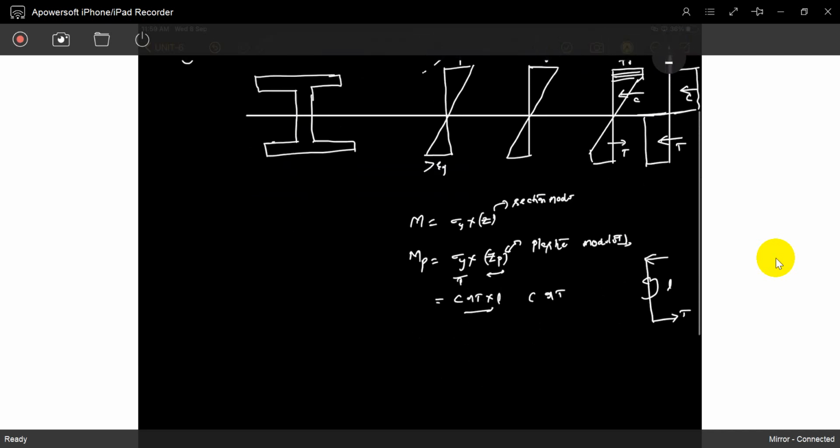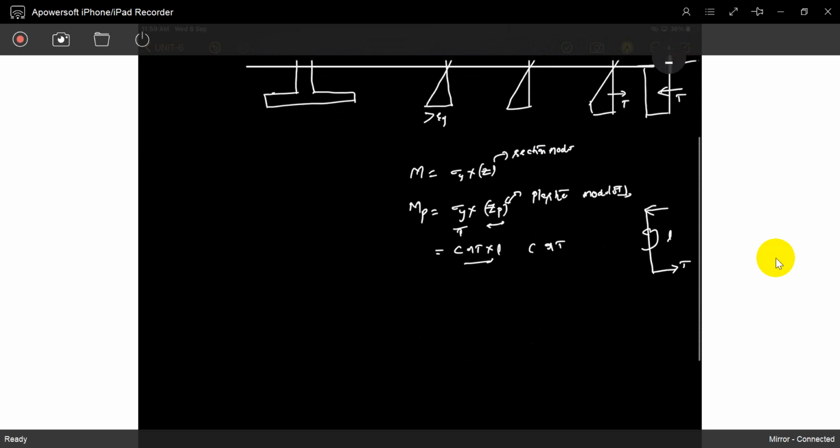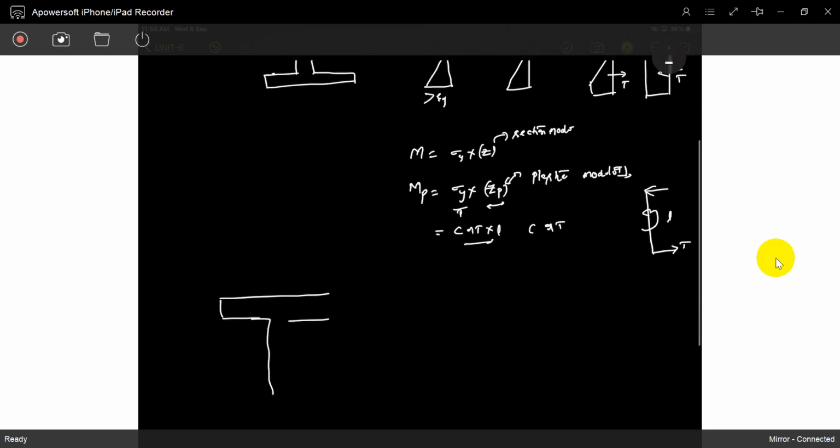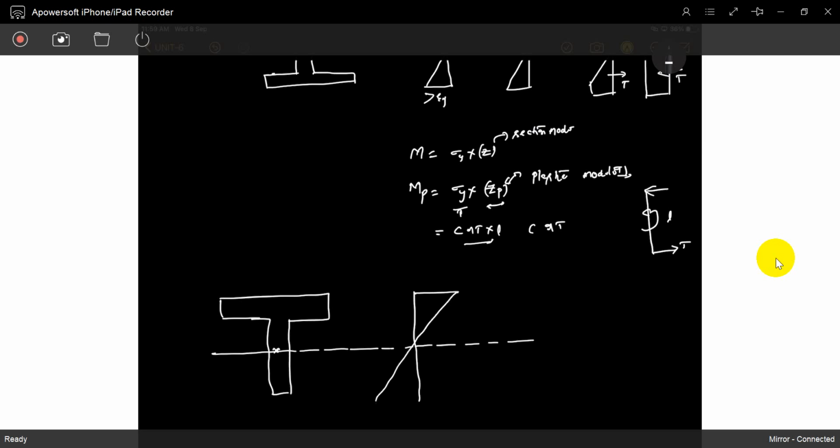If you see one thing you can observe, if it is an irregular shape, not symmetrical, symmetrical with respect to the y-axis but unsymmetrical with respect to the x-axis. The centroidal axis is the CG, find out the CG here. For elastic analysis it is the same. It reaches maximum stress Fy.